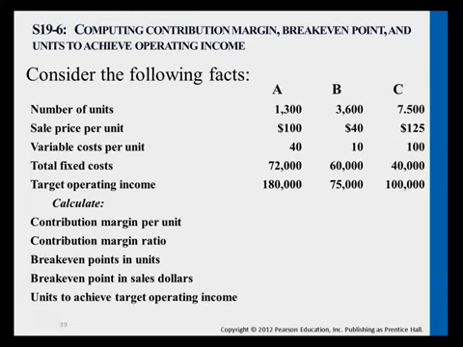Now here my total target operating income is 180,000, but that's not what I'm going to be using for break-even points, right? Pay attention that it's in units, right?